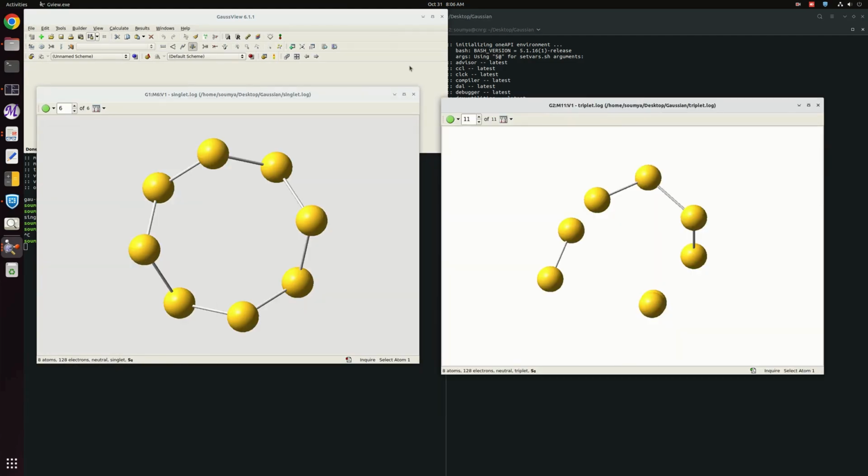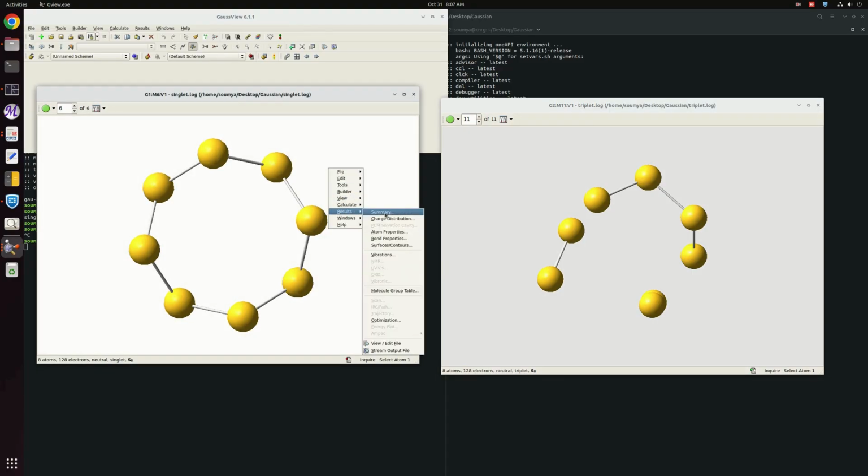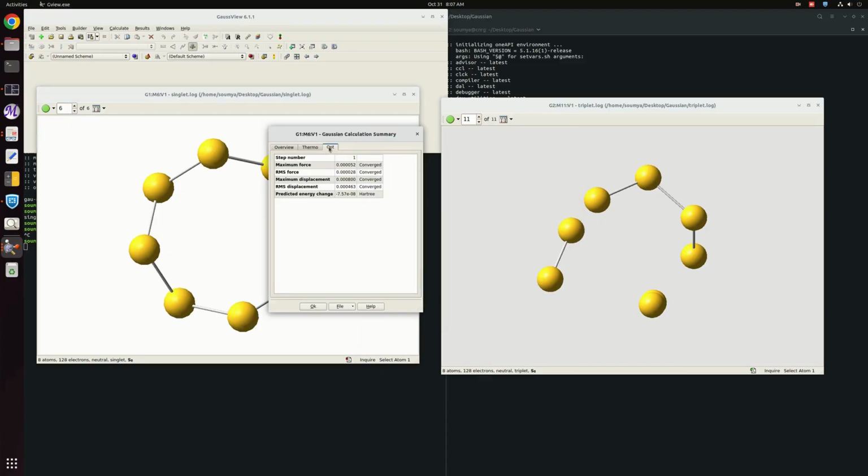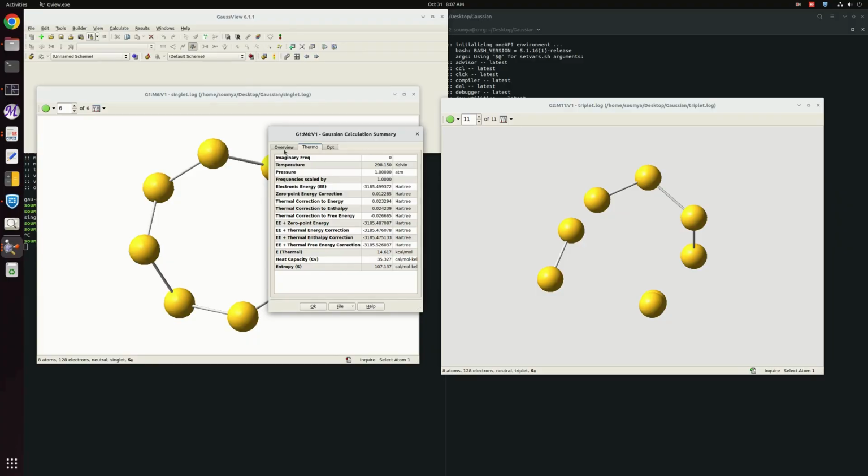Here we can see our singlet log, where we have optimized the ground state of this molecule. In the result you can see that it has converged, and as we performed Opt and frequency, we also get the thermochemistry part, and it is showing the imaginary frequency as 0. That means this is the ground state.